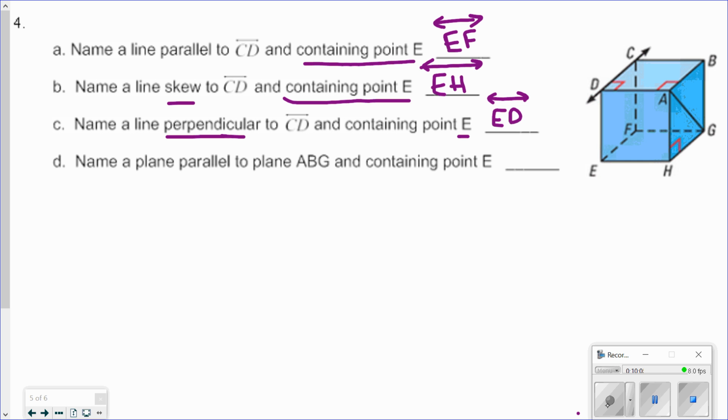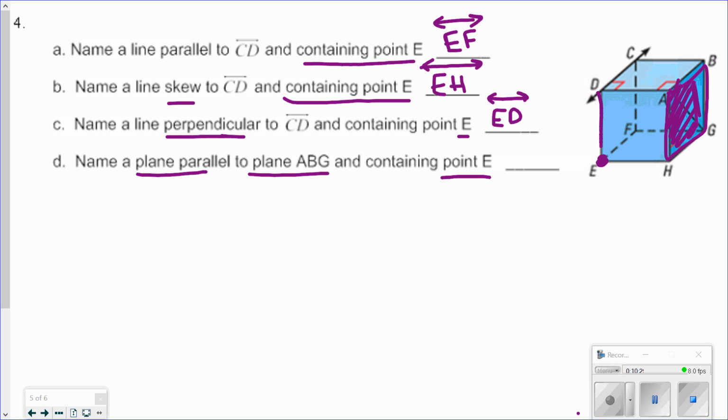And finally, name a plane parallel to plane ABG containing point E. So first let's find ABG, so this plane. We need to find a plane that is parallel that uses this point. Well, that would only be one plane.